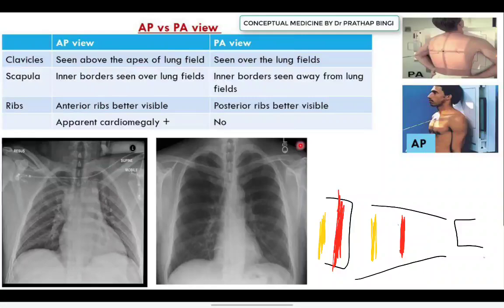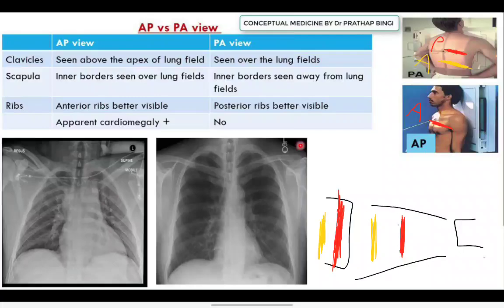Here we have the patient and his back. In posterior anterior, the back is far away, so the posterior ribs are in red color, and here the anterior ribs are in red color. Here let's make a marker: the posterior rib in red, here the anterior rib in red, but in yellow color the anterior rib in posterior anterior.